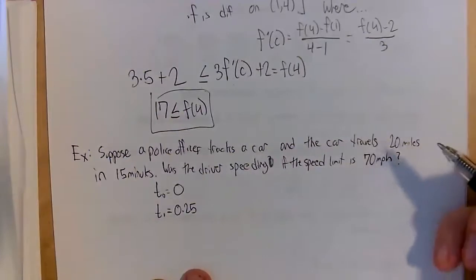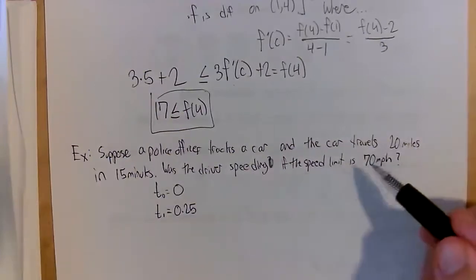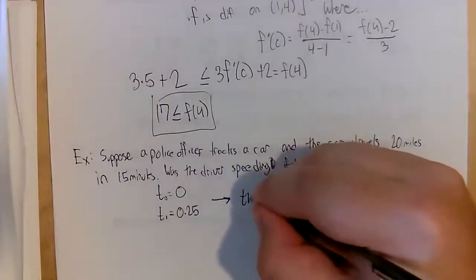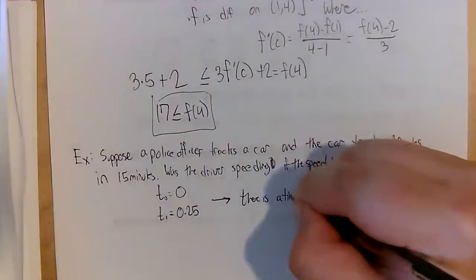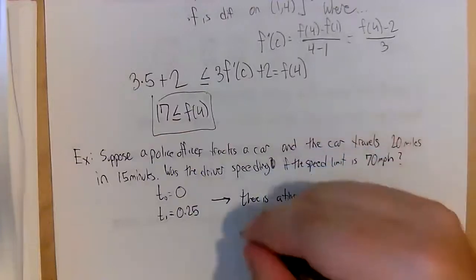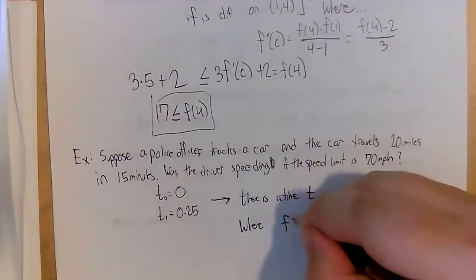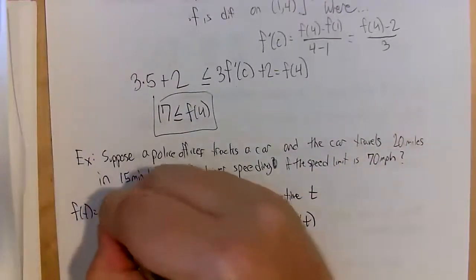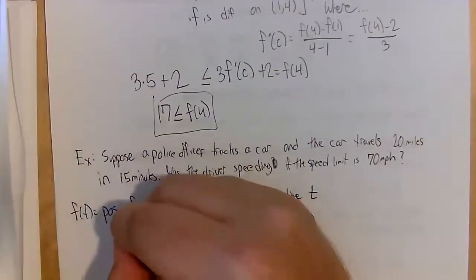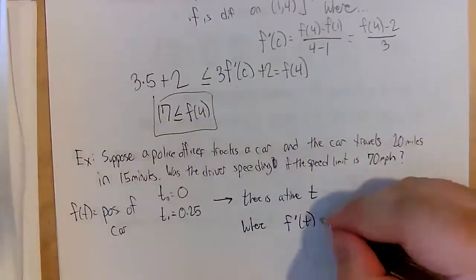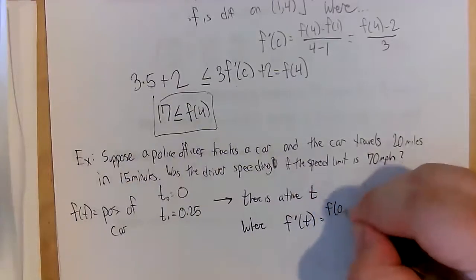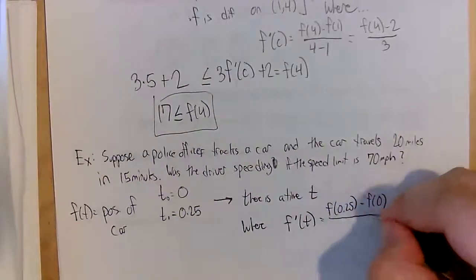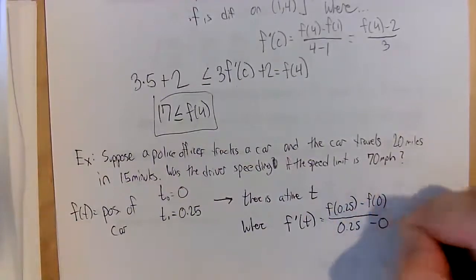So by the mean value theorem, assuming that the driver's position function is continuous and differentiable, we know that there is a time, let's call it t, where f prime of t, where we define f of t as the position of the car, equals (f of 0.25 minus f of 0) over (0.25 minus 0).